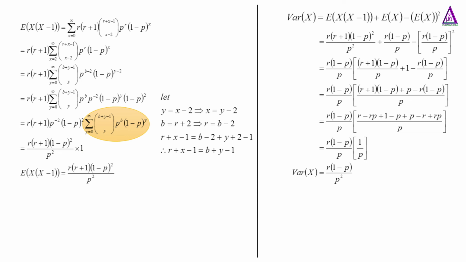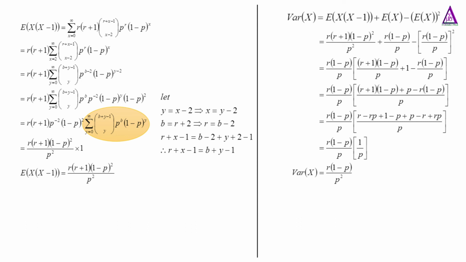Now we have r into bracket r plus 1 into bracket 1 minus p raised to the power 2 divided by p square times 1. Our expected value of x into bracket x minus 1 equals r into bracket r plus 1 close bracket, open another bracket 1 minus p close bracket square, divided by p square.